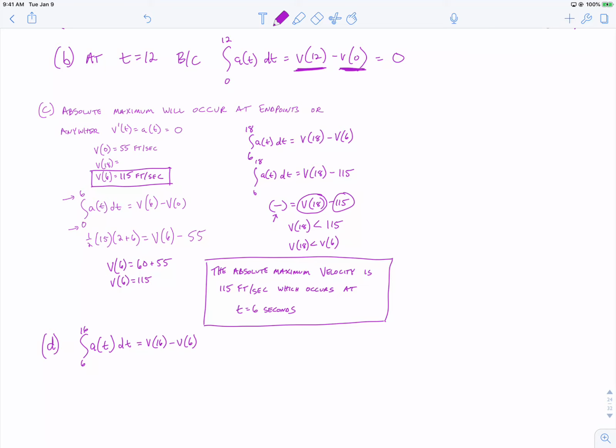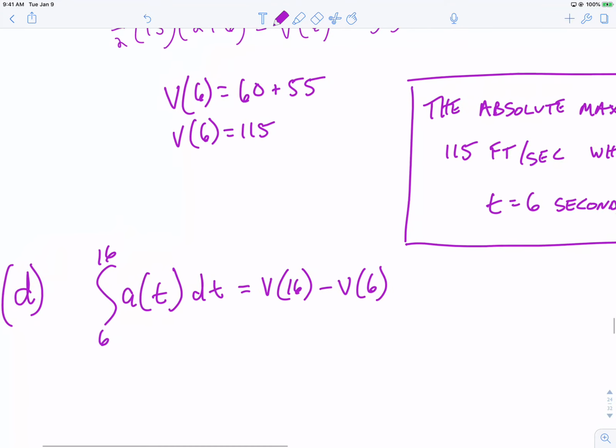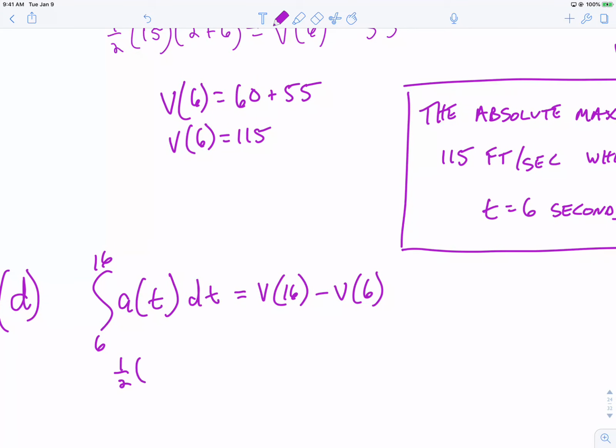Okay, so we're going to calculate that trapezoid, and then solve this integral for v of 16. So it's going to be 1/2 times the bases, 10 plus 4, times the height, which is negative 15 because it went down 15. That's going to be equal to v of 16 minus v of 6, which we knew is 115.